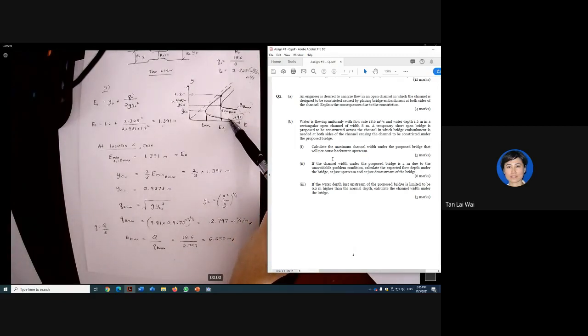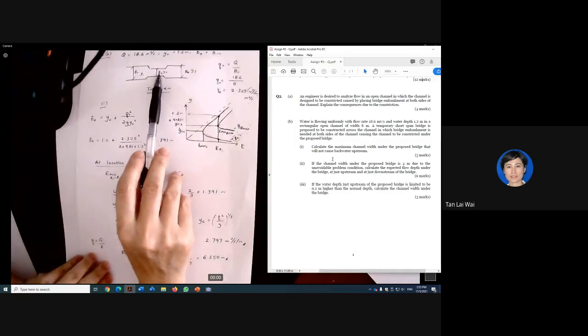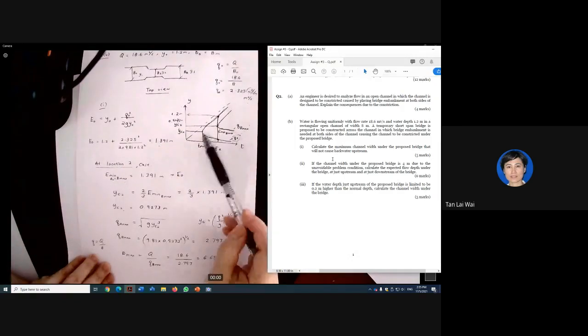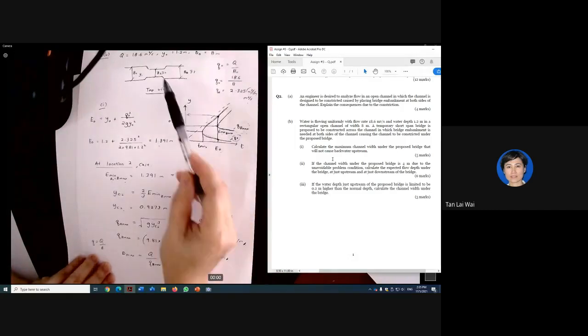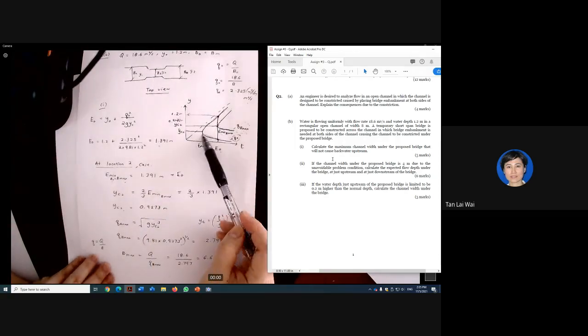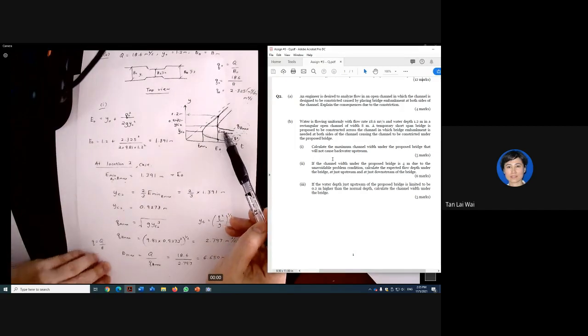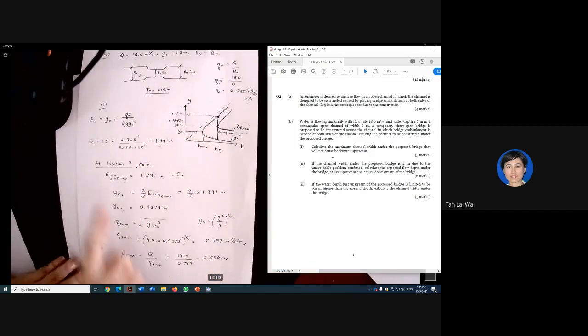But when you are dealing with constricted channel, when it is only one reduced width, that means you are going to have two. For any changes of width, you are going to have a different EY curve.